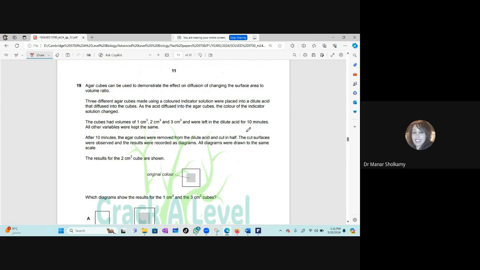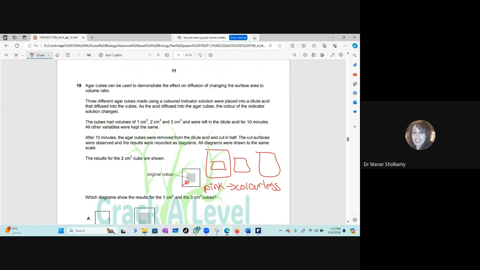I'll explain. There were three agar cubes of different surface areas. And the three of them were colored. In the notes, they were pink. They were put in dilute acid. This acid will diffuse into the agar cube, and as the acid diffuses in, the color will change from pink to colorless. This is the traditional investigation.